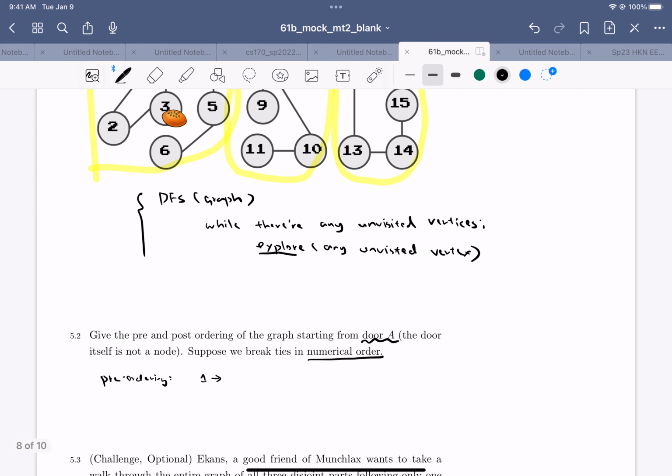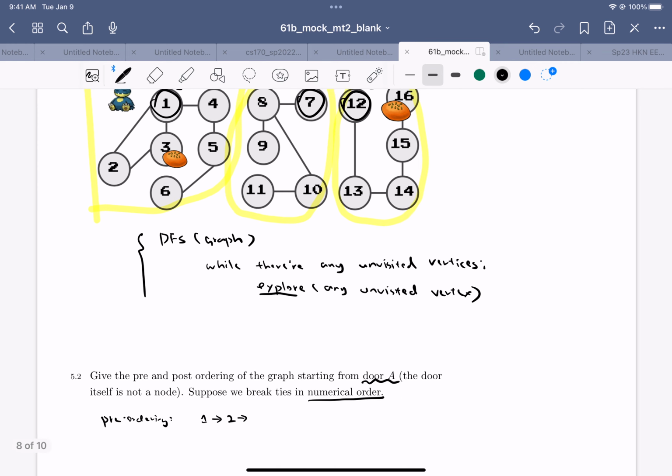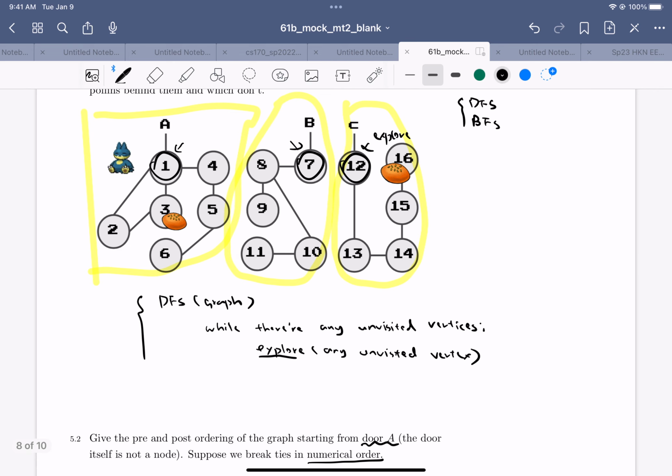We mark anything we visit as visited. It prevents us from visiting one vertex twice, and that's something we don't want to happen.